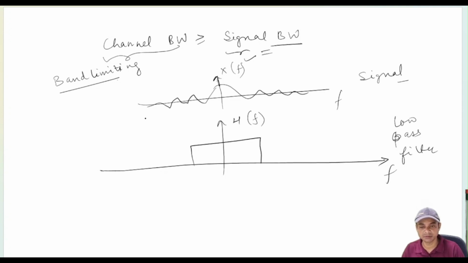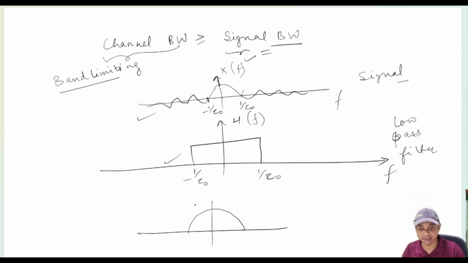After processing with this filter, suppose this is minus 1 by tau naught and this is 1 by tau naught, the cutoff frequency being 1 by tau naught, our band limited signal will be like this.